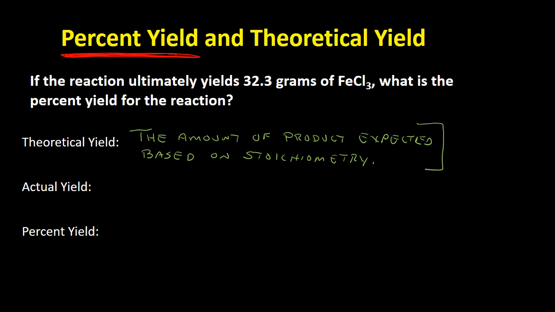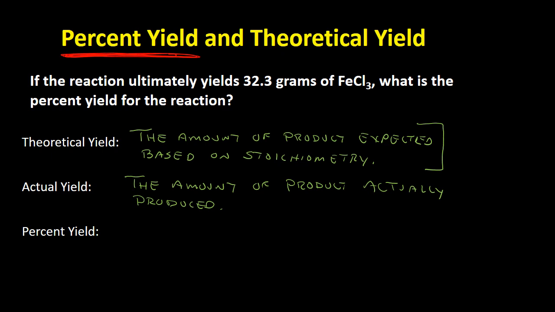Okay. The actual yield, this is pretty simple. The actual yield is just the amount of product actually produced.